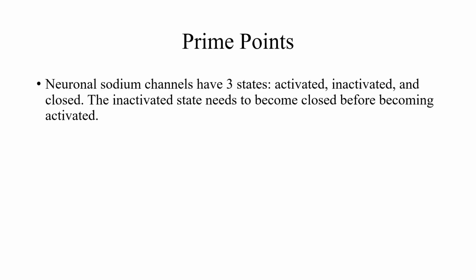Let's just talk about some prime points here. These are things that can be tested on and that I think are a little bit more important. Remember, the neuronal sodium channels have the 3 states that we mentioned: activated, inactivated, and closed. The inactivated state needs to become closed before becoming activated. You can't go from inactivated to activated. You have to go inactivated, closed, activated.